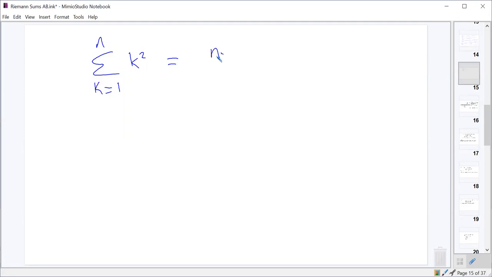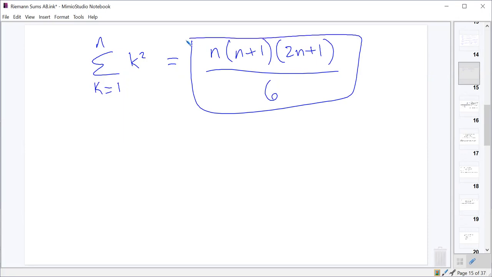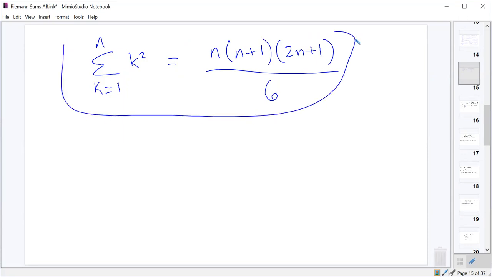No? It's n times n plus 1 times 2n plus 1 divided by 6. So I should have circled this whole thing. That's another one that you're going to want to know, and we'll use, let's see, what's tomorrow? Thursday? We'll end up using that tomorrow as well after the quiz.